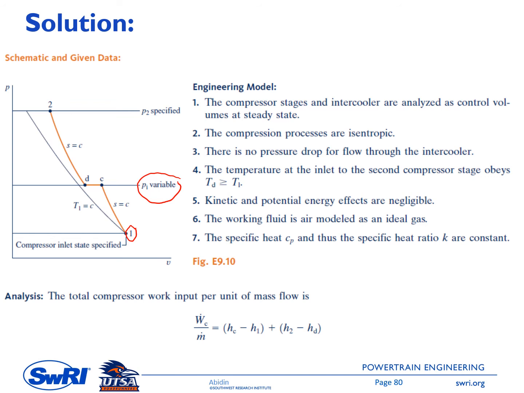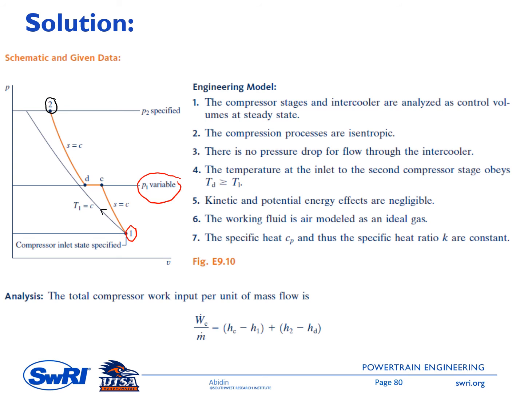And the line connecting point 1 to point c here is the isentropic process line. And then we also have a process line in case the temperature is constant, or isothermal. This is the black line here, this one. Okay, and this is state 2.